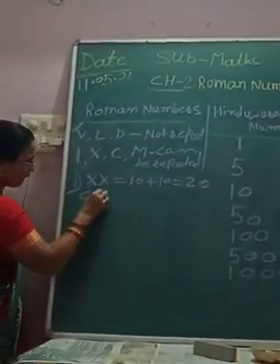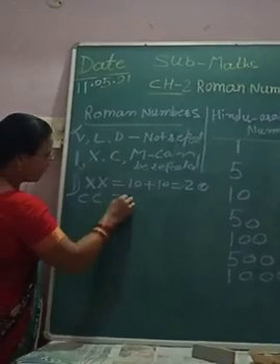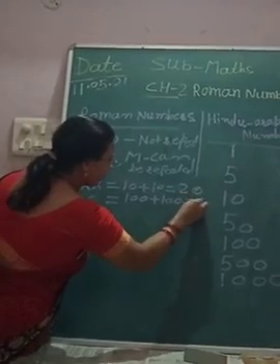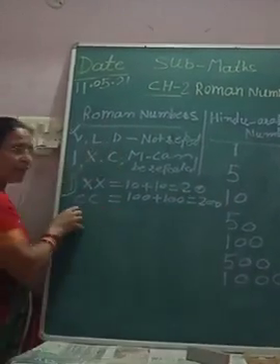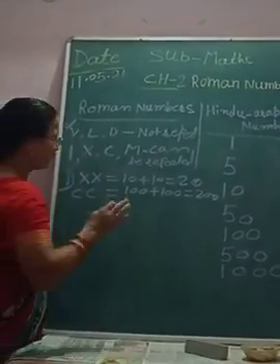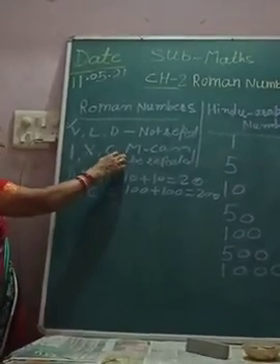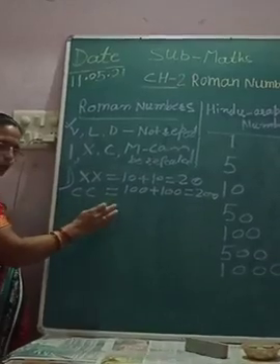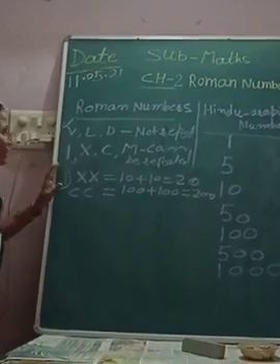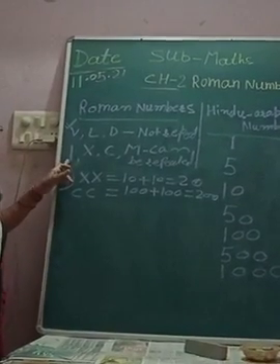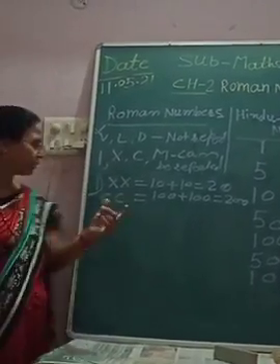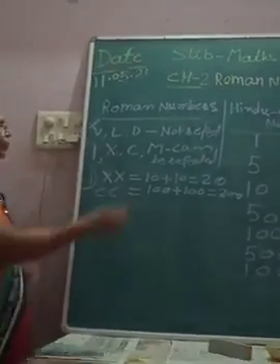Suppose you have to write C, then 100 plus 100 is equal to 200. You can write 3 times also, but not more than 3 times. Same is M also, M plus M plus M. Okay. Now, this one is your first rule: Roman numerals can be repeated.